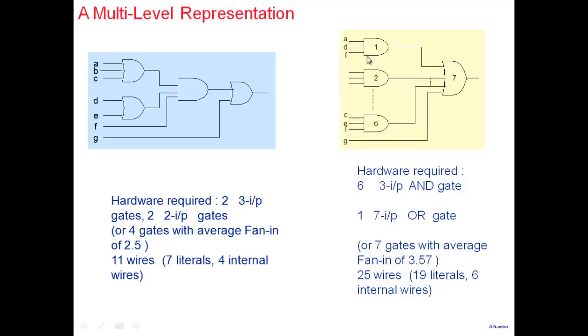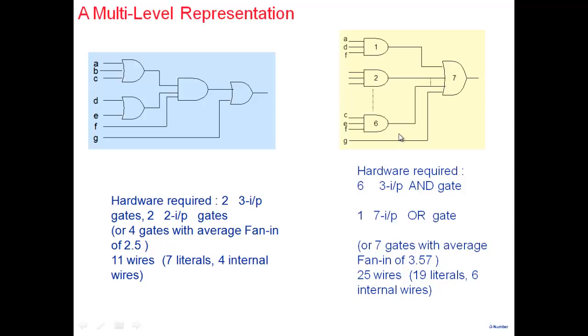This is a two-level representation of the circuit, where if you count, you require 6 3-input AND gates, 1 7-input OR gate, and if you count the wires, including internal wires, 25 wires. Wires also consume area.